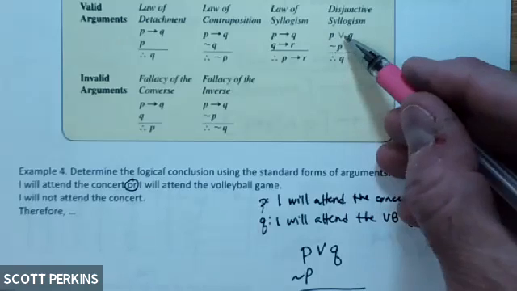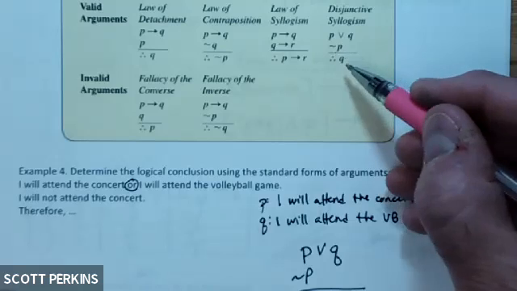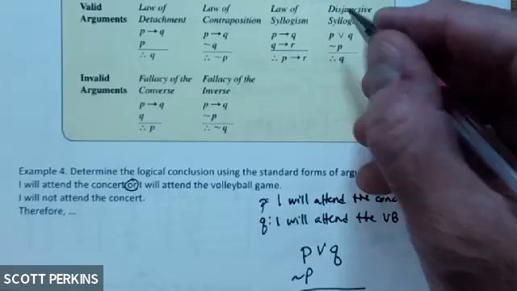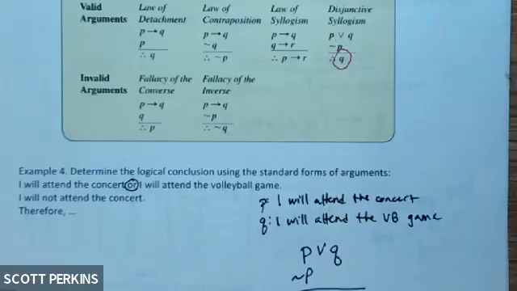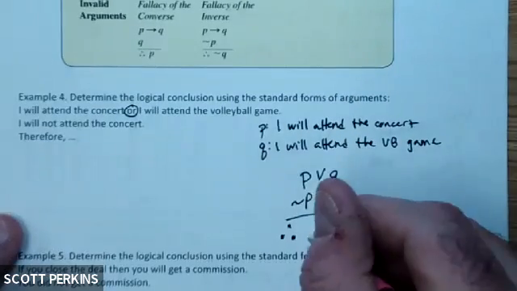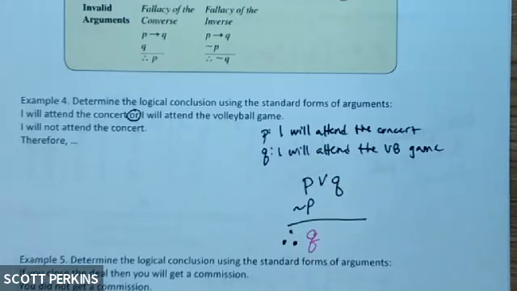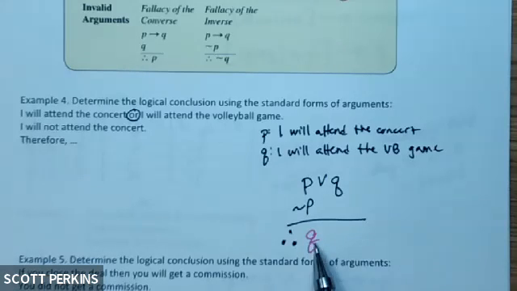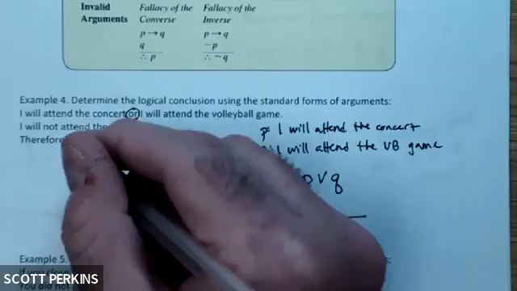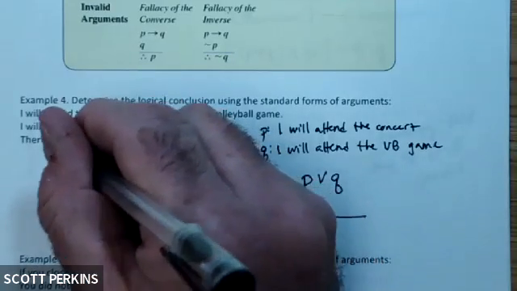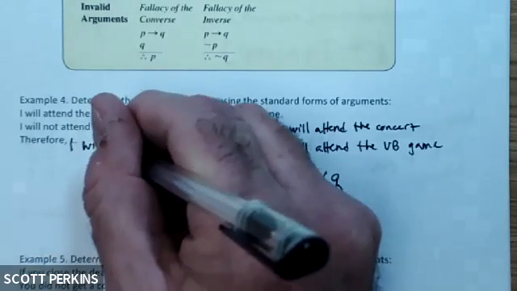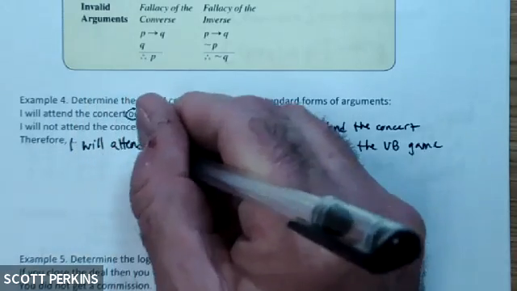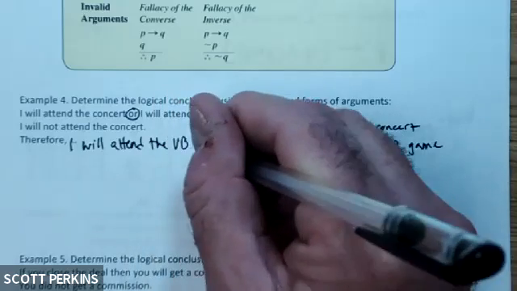It's P or Q, and then squiggly P, and then therefore Q. This is the part that I'm concerned about, the therefore Q. So I'm just going to fill that in right here, and now write that in words. Therefore, Q is: I will attend the volleyball game.